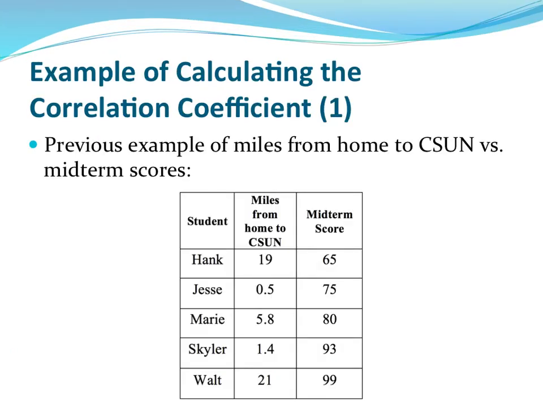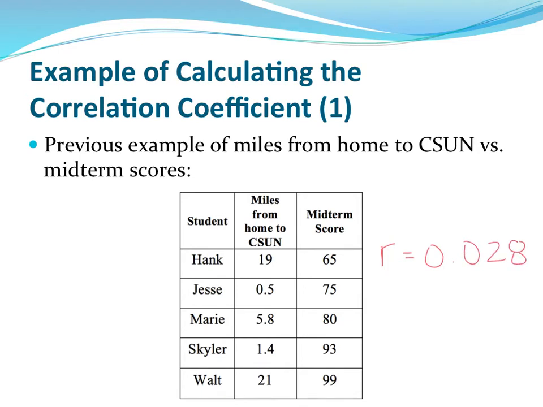Let's talk about an example of a correlation coefficient using the previous example comparing miles from home to CSUN and midterm score in a group of 5 students. If we had used SPSS to calculate the correlation coefficient for this data, it would have given us an r value of 0.028.